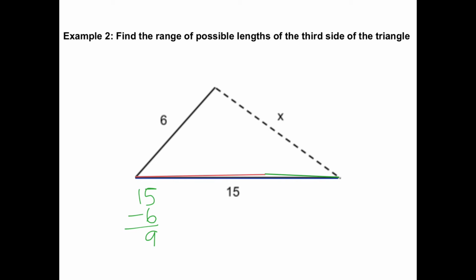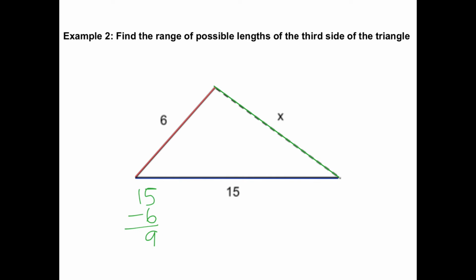That means this green part has to be 9, but it can't actually equal 9, because if it just equals 9, then it can't continue to touch. Remember with the 5, 5, and 10, it can't actually continue to touch. So that value for the green actually has to be greater than 9. It can't even equal 9. It has to be bigger than 9.